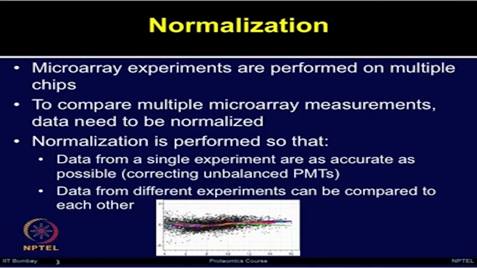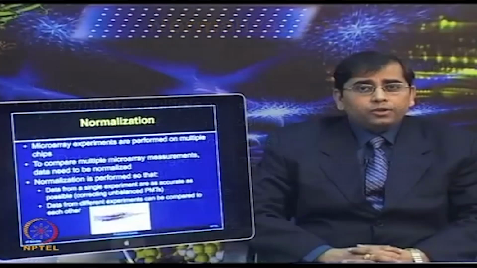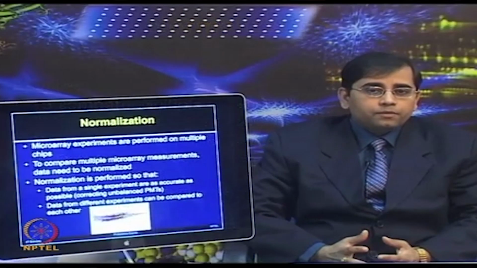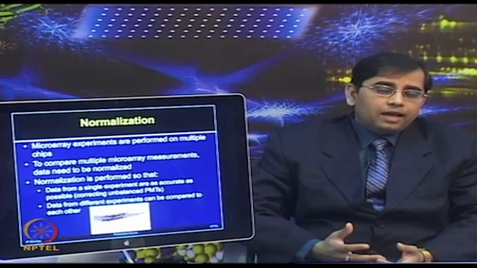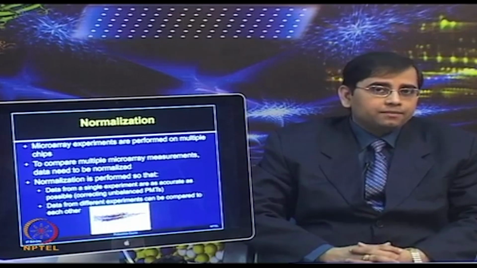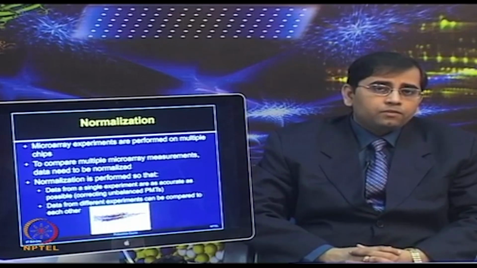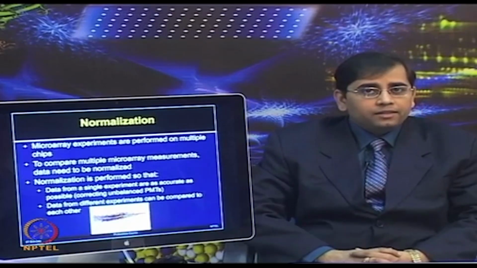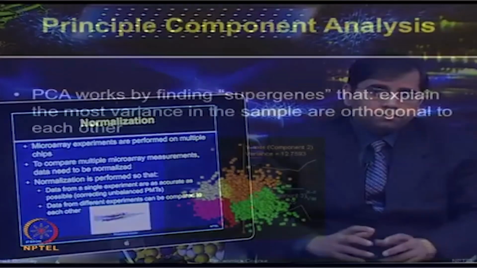The data from different experiments can then be compared to each other. It can be performed by adjusting various types of parameters as well as using the expression level of housekeeping genes. We will discuss these in more detail while looking at the software demonstration.